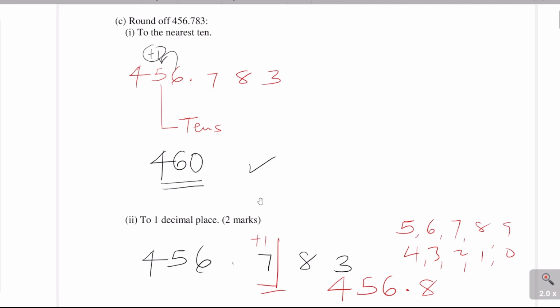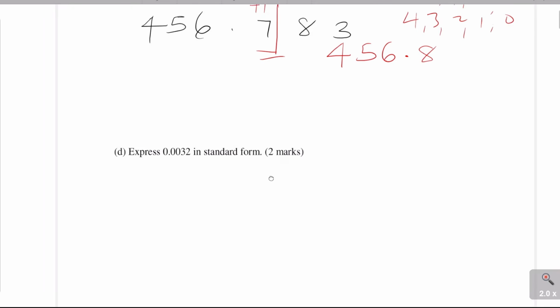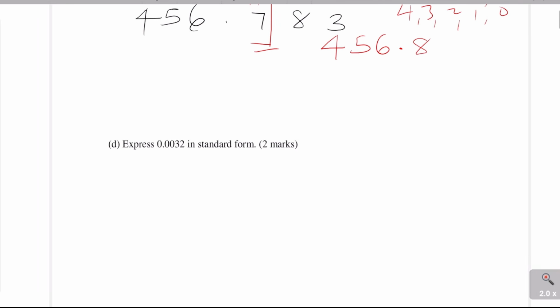The next one is part D. Express 0.0032 in standard form. That is 2 marks.